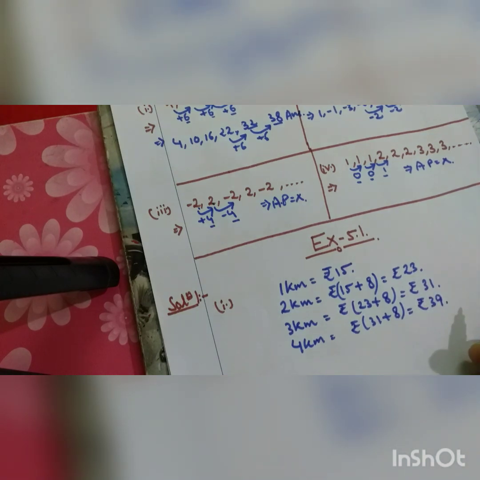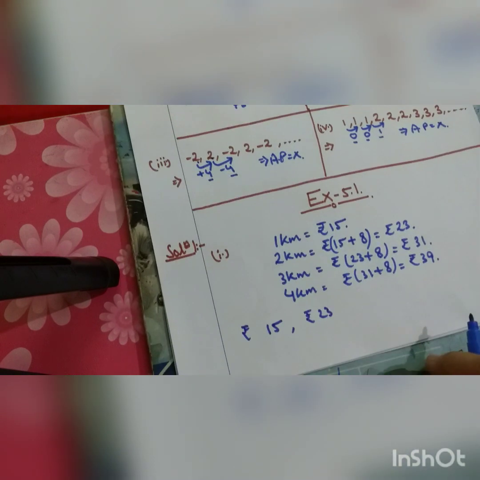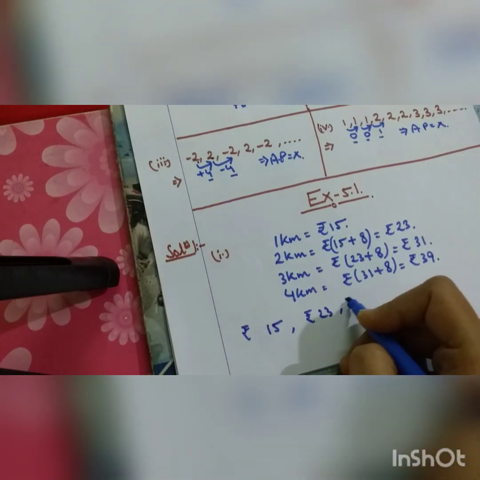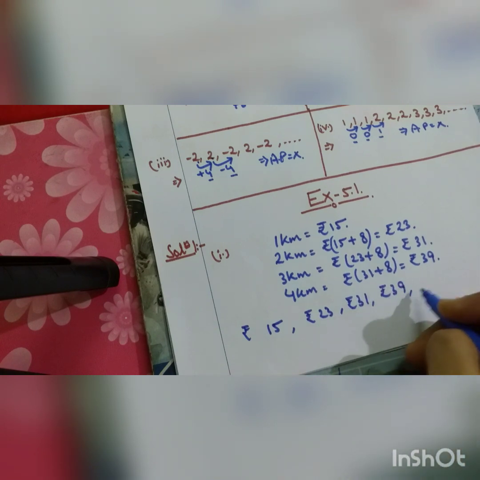Now question number 1 is asking which of the following situations makes the list of numbers involved an arithmetic progression. You can see for 1 kilometer it is rupees 15, and our pattern, all in rupees, is 15, 23, 31, 39, and so on.